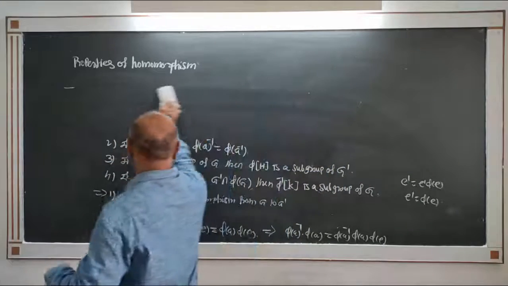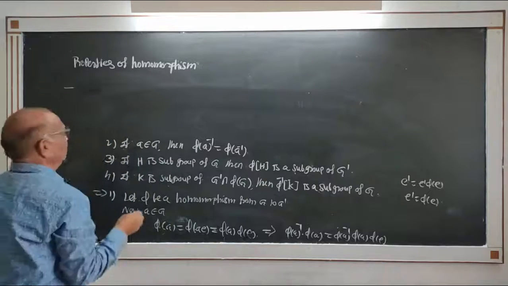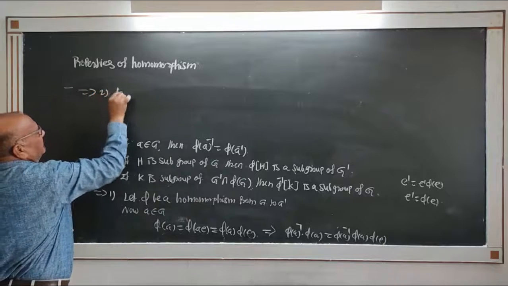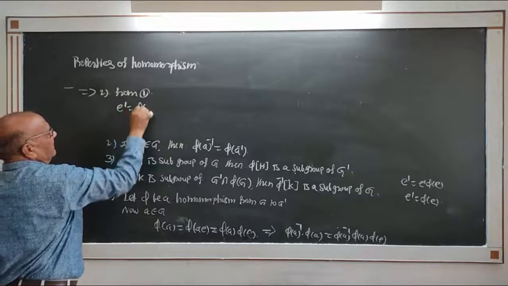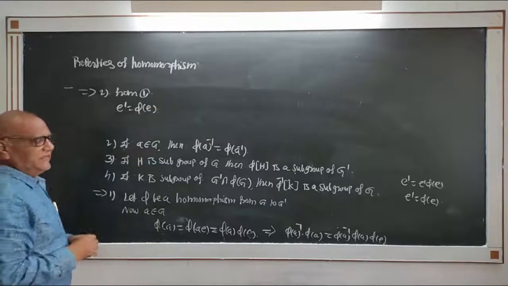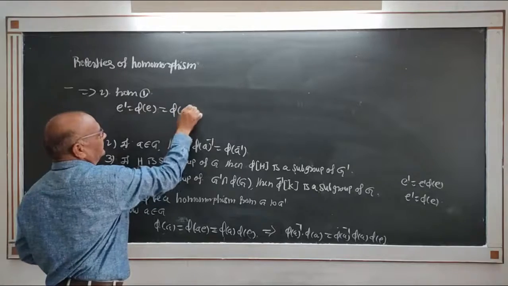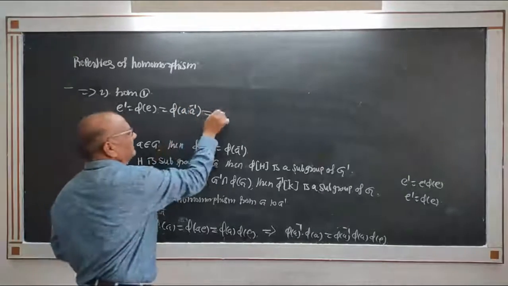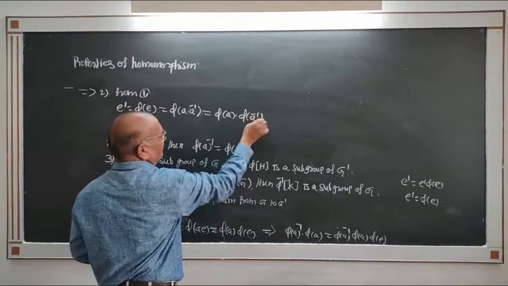Now see the second property. From the first, e dash is equal to phi of e. e can be written as a into a inverse. By homomorphism, this is phi of a into phi of a inverse.